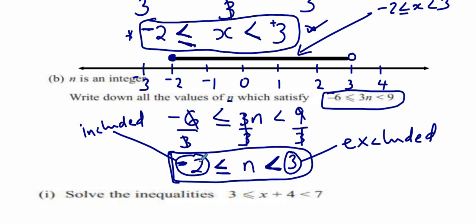Here, negative 2 should be less than or equal, so the list will begin with negative 2 itself, and then mention all the numbers between negative 2 and 3: negative 2, negative 1, 0, 1, 2. 3 will not be in the list because it says less than, but it doesn't say less than or equal to. These are the integers they need.